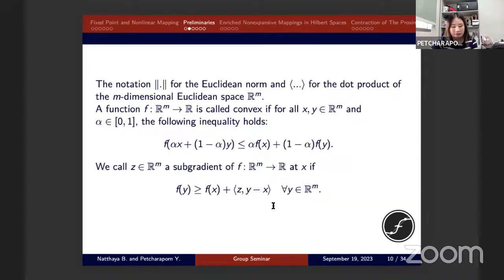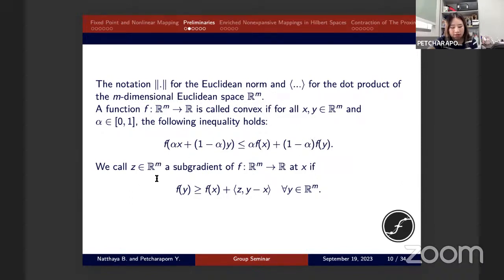And next, preliminary, we denote this for Euclidean norm and this for the dot product of the m-dimensional Euclidean space Rm. A function f is called convex if for all x and y in Rm, and lambda in interval 0 and 1, the following inequality, convex combination, holds.